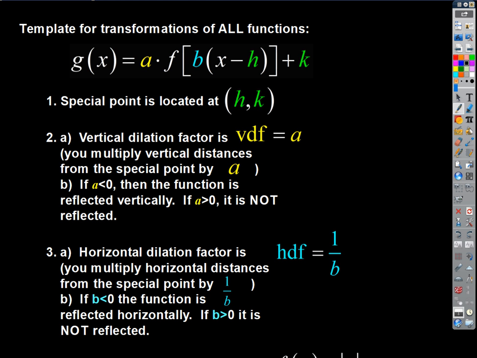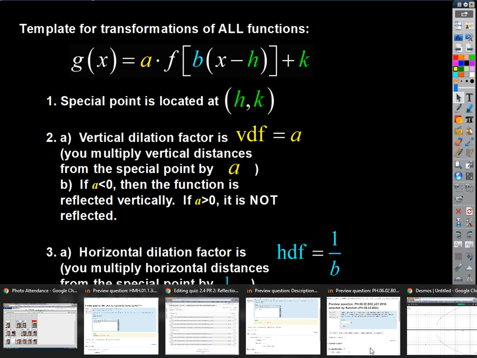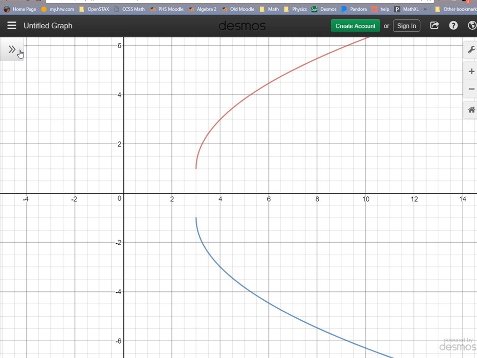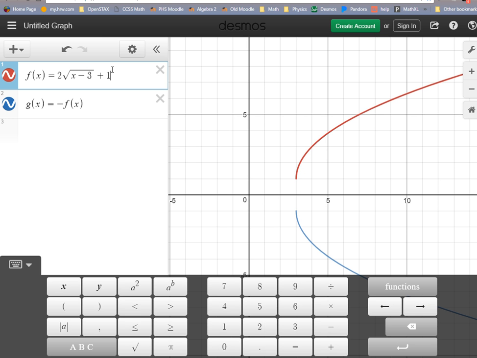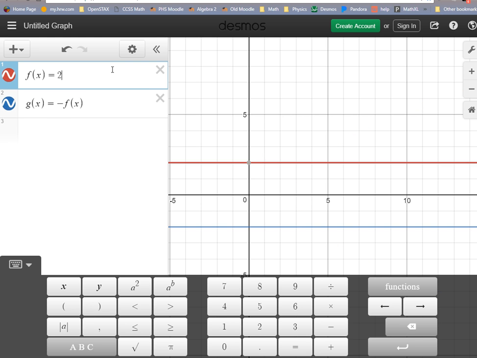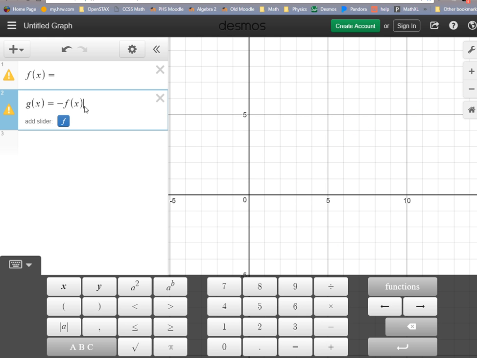So what if we've got something like, let's do something like f of x equals square root of x.